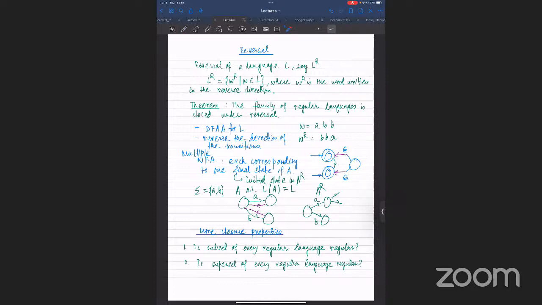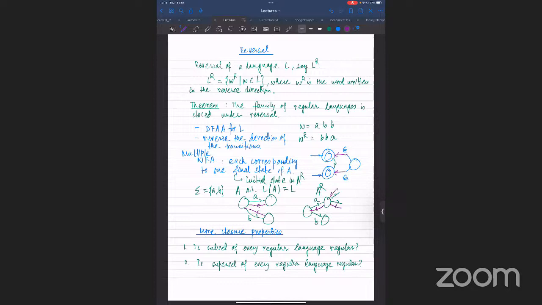So when you are moving the arrow in the other direction, when you change this, you may not always have an outgoing transition on every letter.